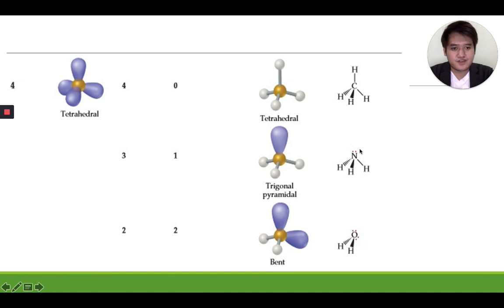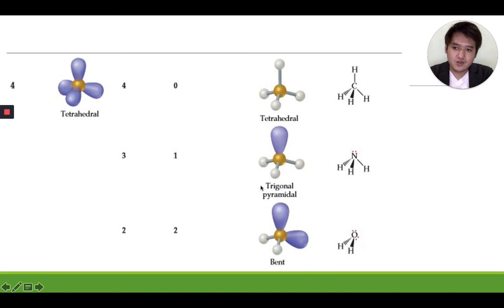If you draw the Lewis structure of ammonia, you have four electron domains, and out of the four, there are three bonding domains and one non-bonding domain. And so that gives us an electron domain geometry of tetrahedral, but the molecular geometry is trigonal pyramidal.